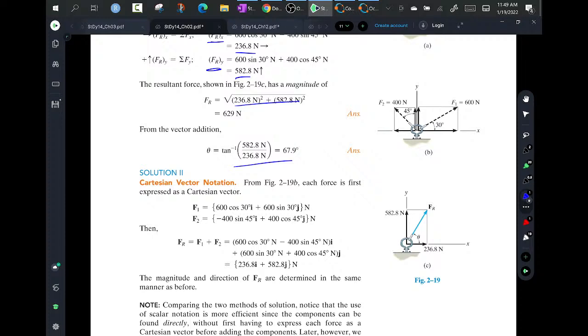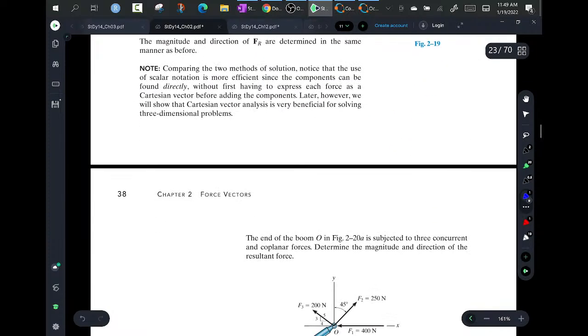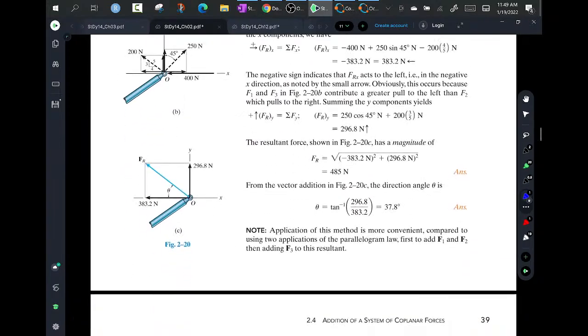It's kind of silly, but you put them into the two forms, and it's the same thing that you get out of both of them. I'm not sure why he has those two different ways.